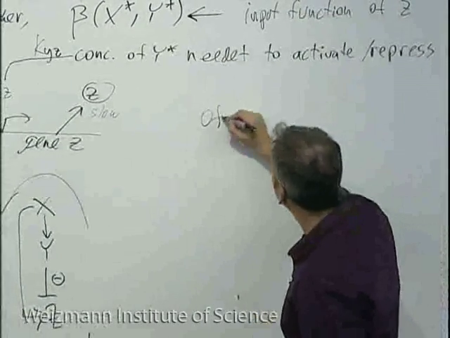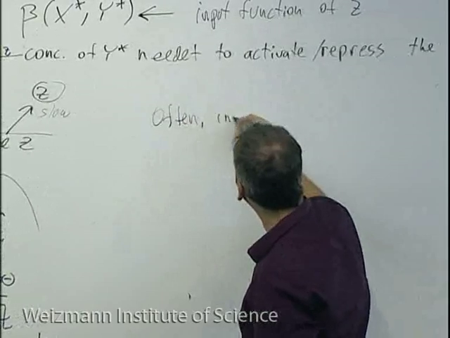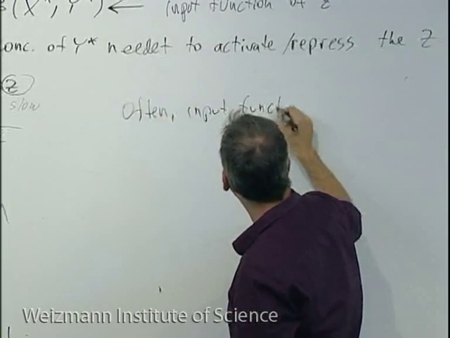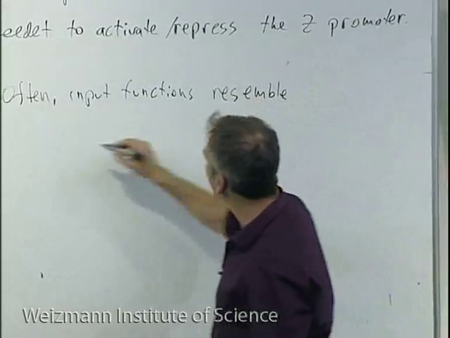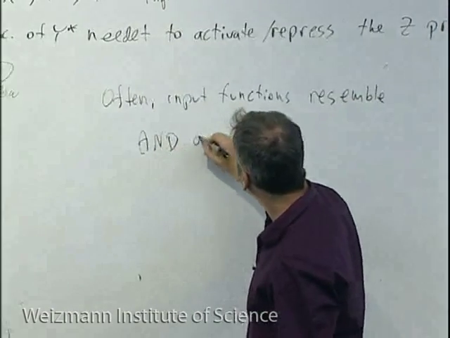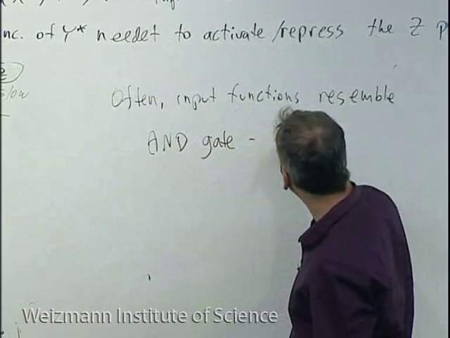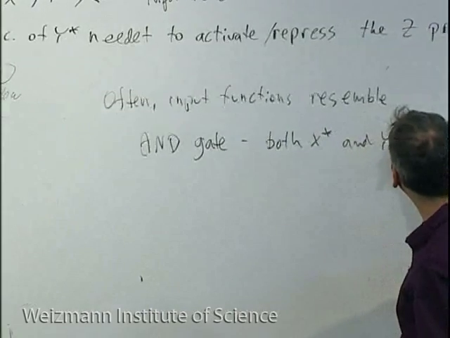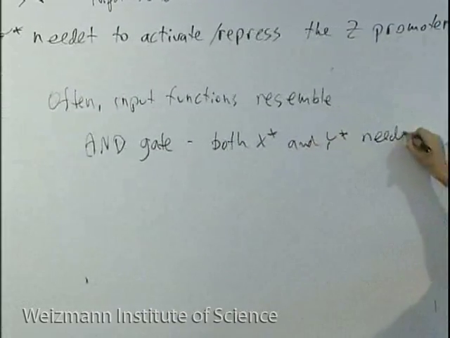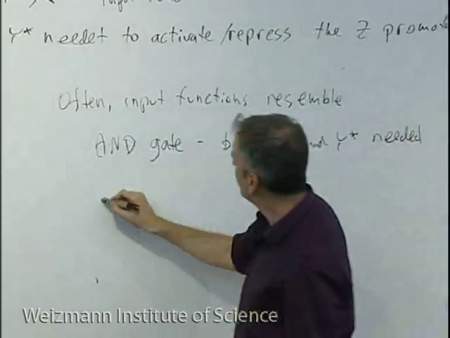And in general, these input functions often resemble an AND gate. Both X star and Y star are needed. And OR gates.